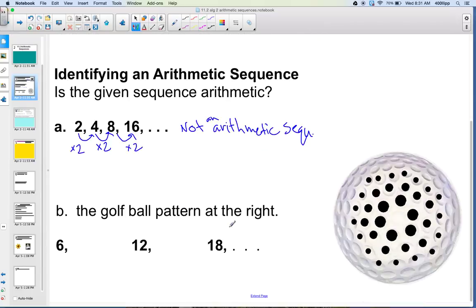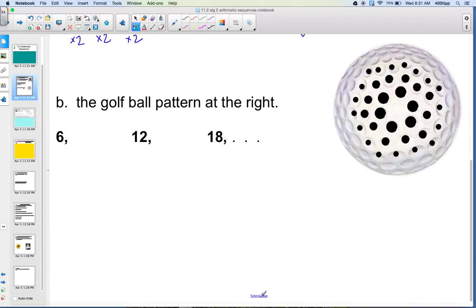Okay, here we're looking at the pattern that a golf ball makes. If we look at the circles in the pattern, it has 6, and then 12, and then 18. To get from 6 to 12, we can either add 6 or multiply by 2. So we want to see, can I add 6 again and get to the next term in my sequence?